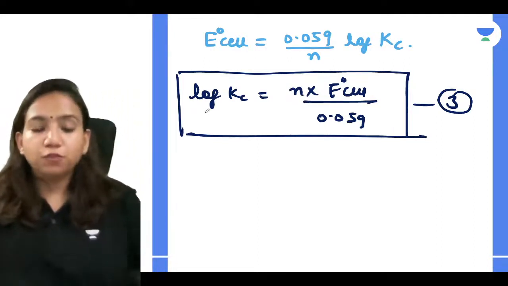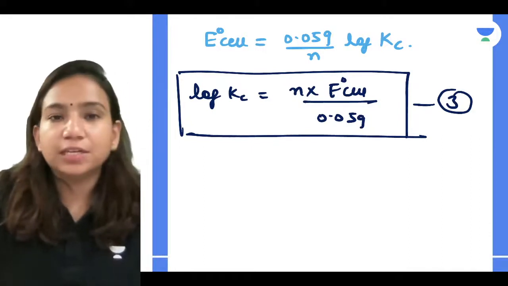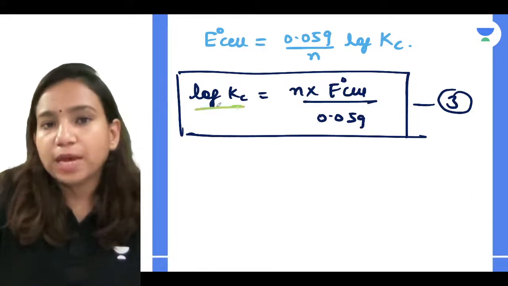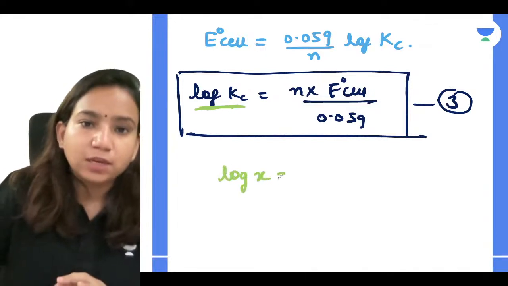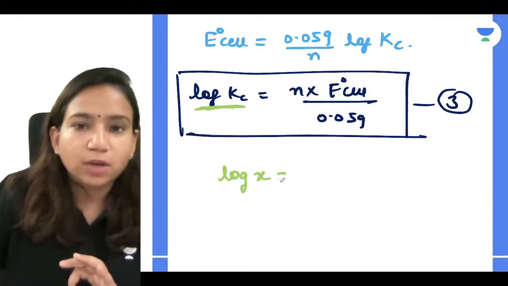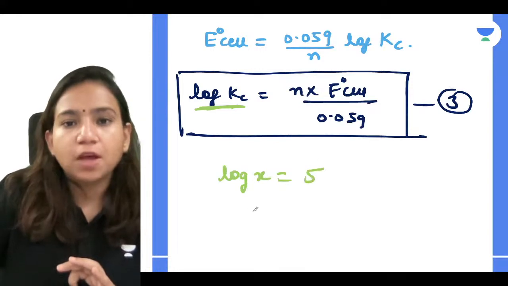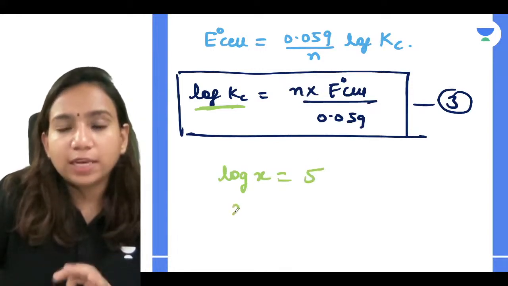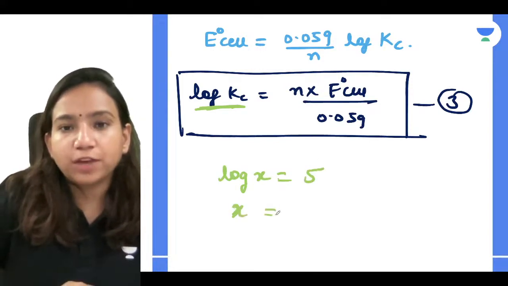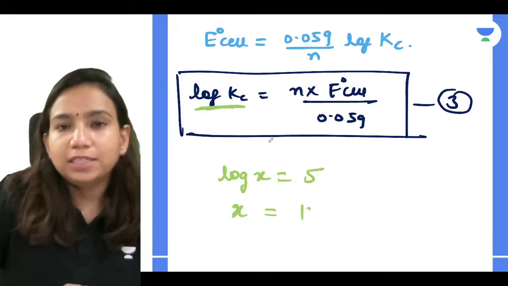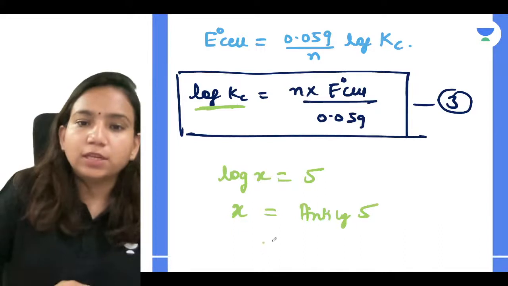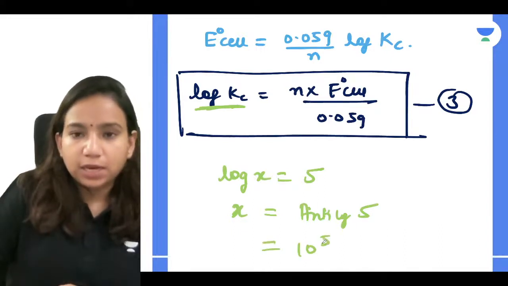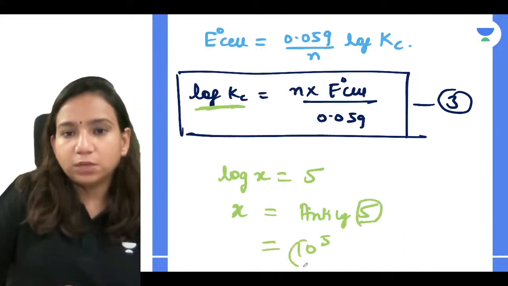Now remember, if you have to calculate only Kc in the reaction, we are having log Kc. Suppose you have log x equal to 5. You can find the value of x by taking the antilog of 5. And antilog you can calculate very simply by keeping the value on the power of 10.